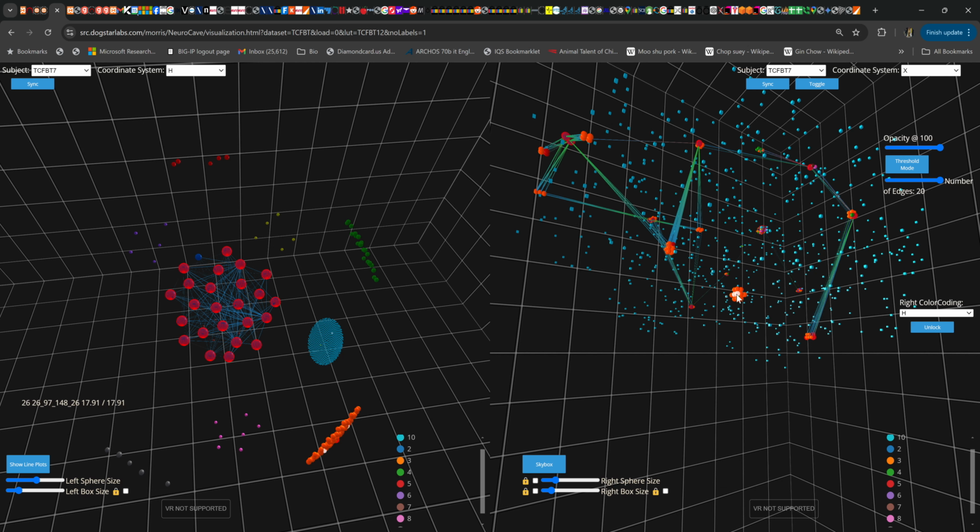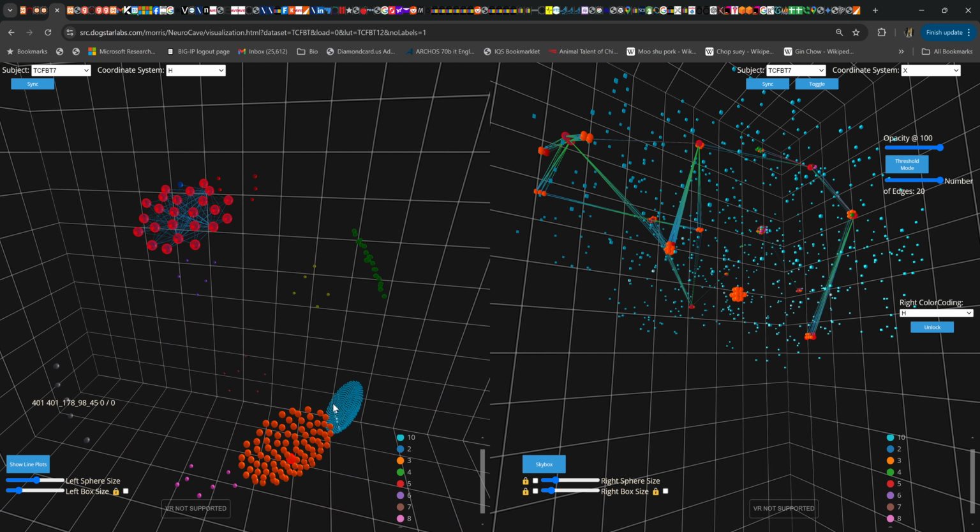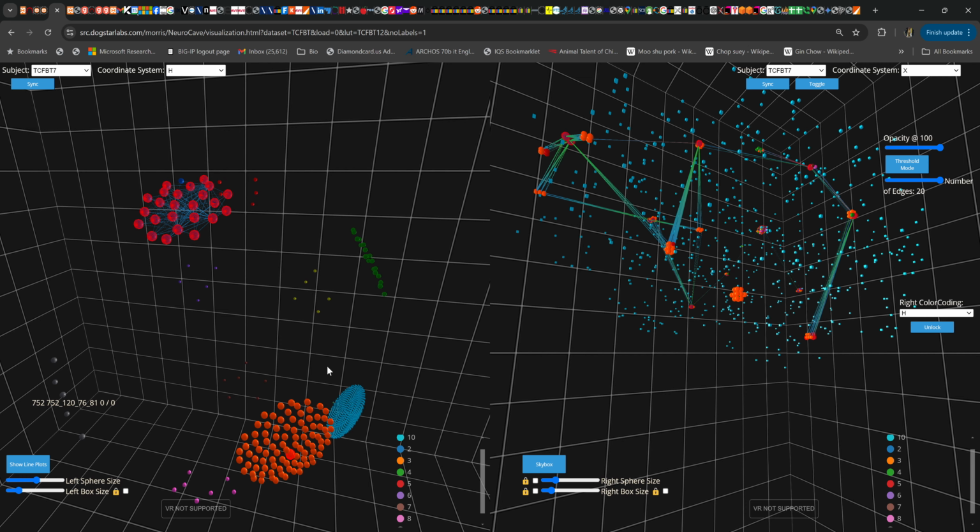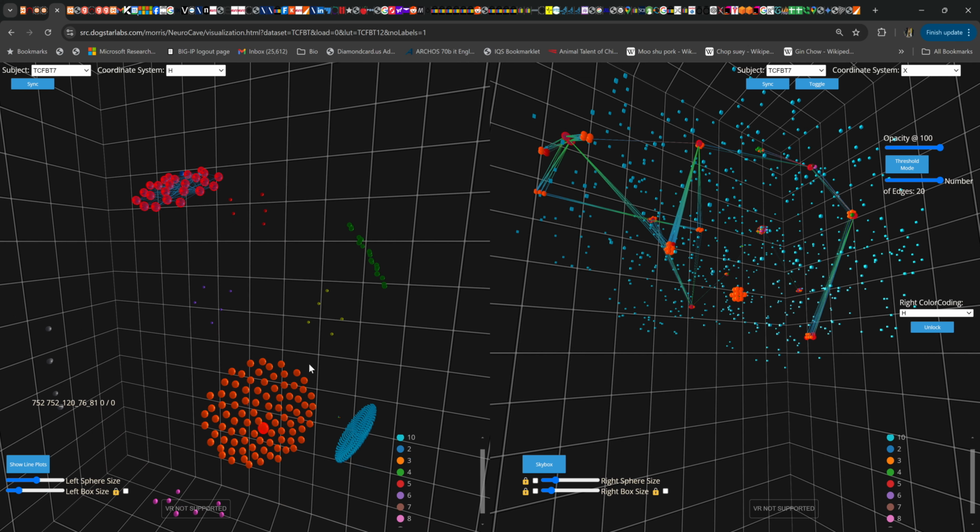So if I was going to take a biopsy, I might want to pick this cluster, since that would have some cells if I was looking for a representative of all of the tumors.